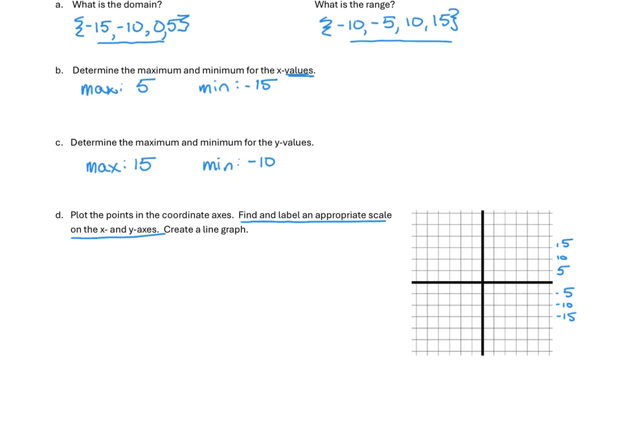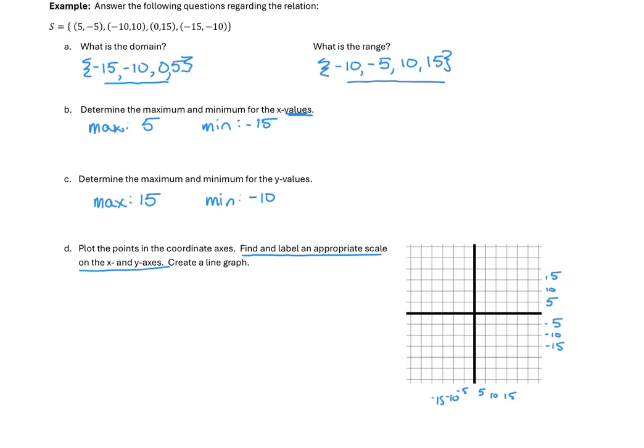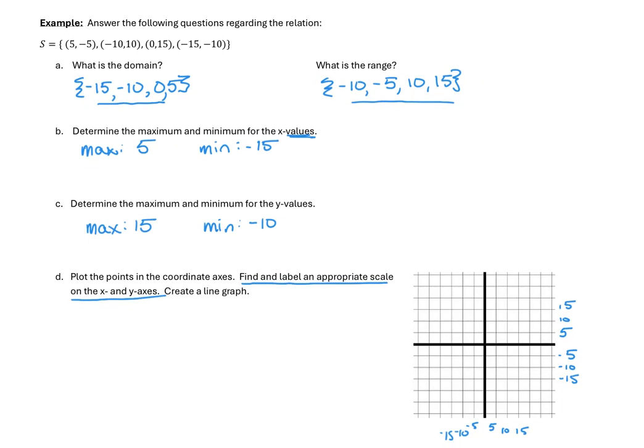We can do the same thing going side to side. So we can do 5, 10, 15. We can do -5, -10, -15. If you want, you could also go with 3 since we have 5 tick marks here. But let's see here. Okay, now we want to go ahead and plot these points.